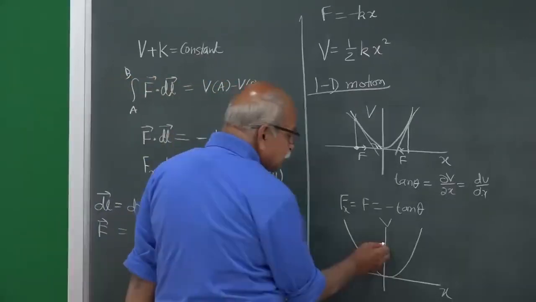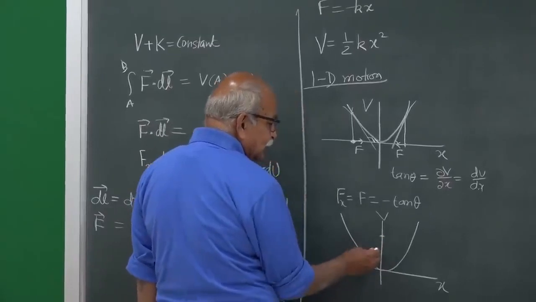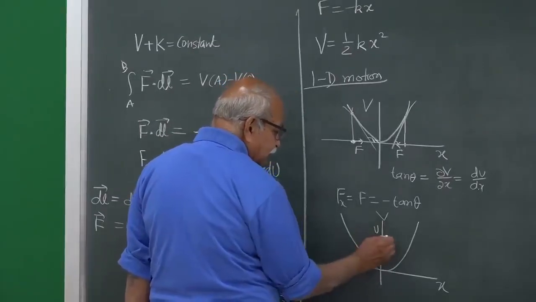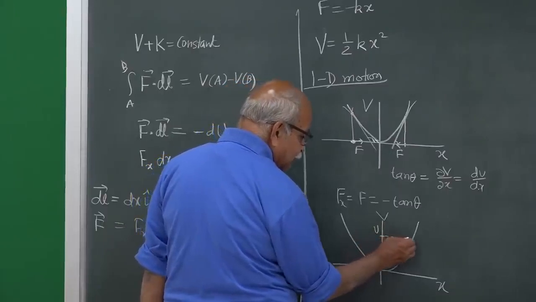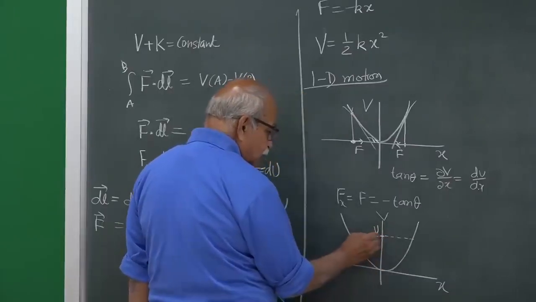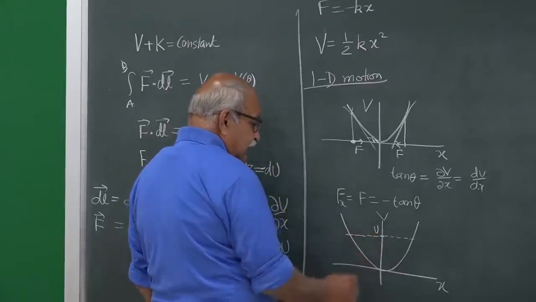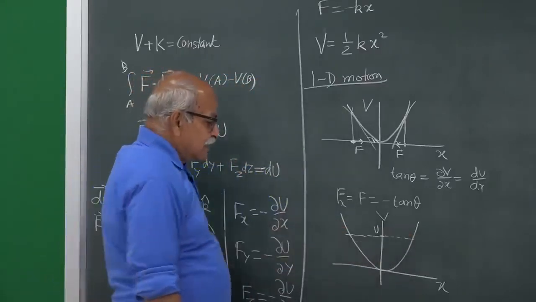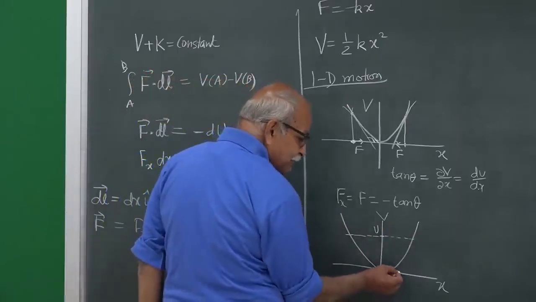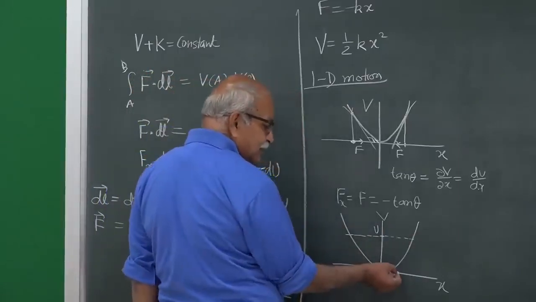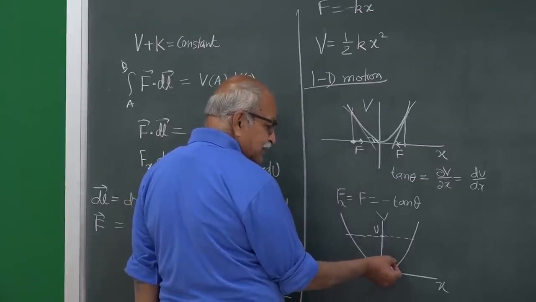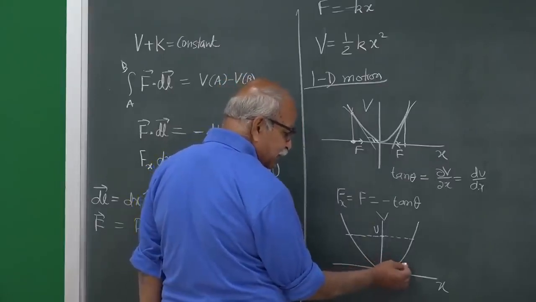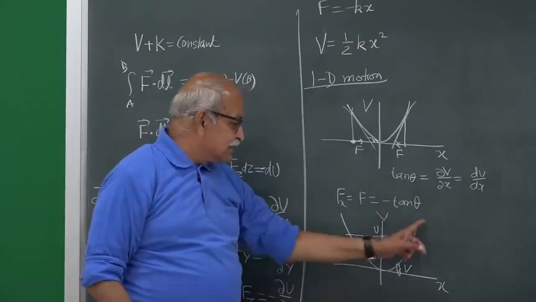And if this is that total energy u, and if I draw a line here, the total energy will always remain u. And suppose the particle is somewhere here, then this much is the potential energy, because this is the potential energy curve.